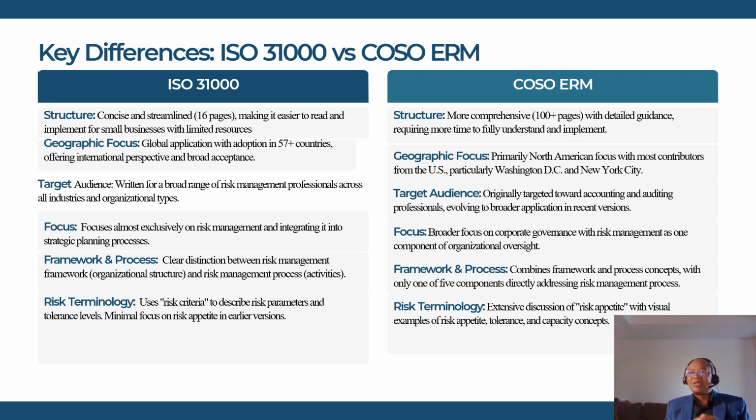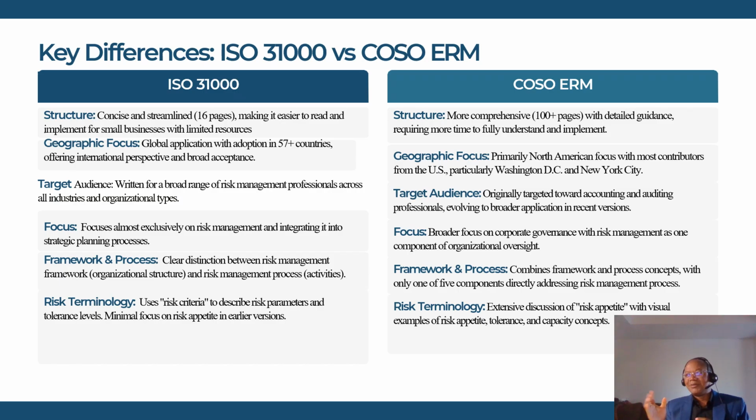Also, the geographic focus. The ISO 31000 focuses on the entire globe because it was adopted by 57 plus countries across different parts of the world.